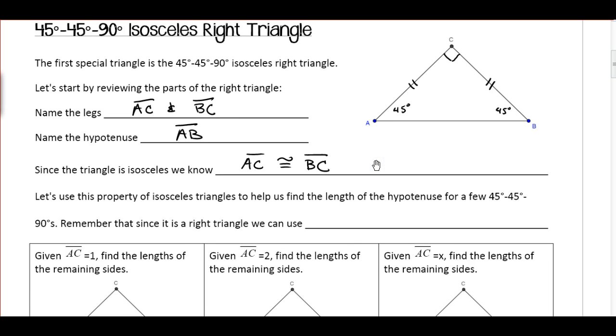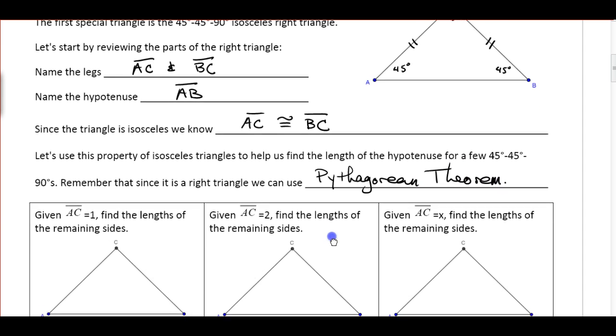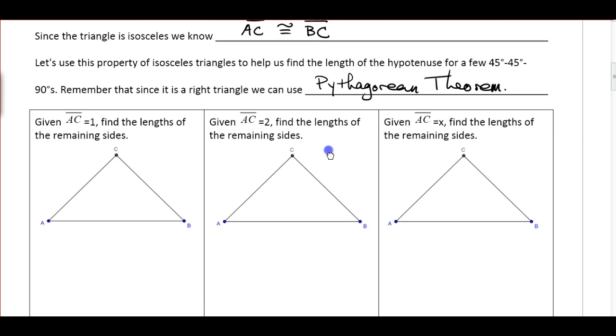Alright, so let's use this property of isosceles triangles to help us find the length of the hypotenuse for a few 45, 45, 90s. And let's remember, since it's a right triangle, we can use the Pythagorean theorem. That's going to be key in helping us figure out the special ratio of these sides.